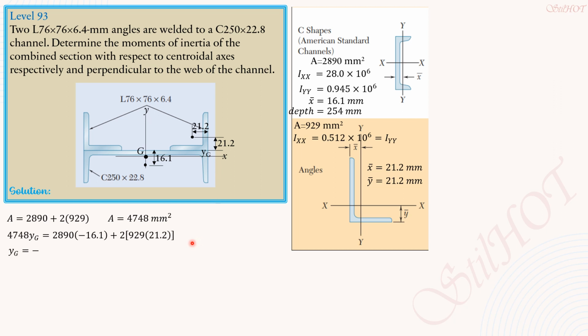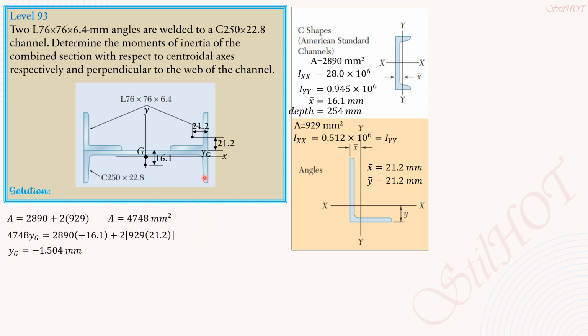So YG is therefore equal to negative 1.504 mm. So it is below this horizontal reference line. So this is G, and that's YG, which is negative 1.504 mm, or 1.504 mm below this reference horizontal axis, which is the junction between the two sections.